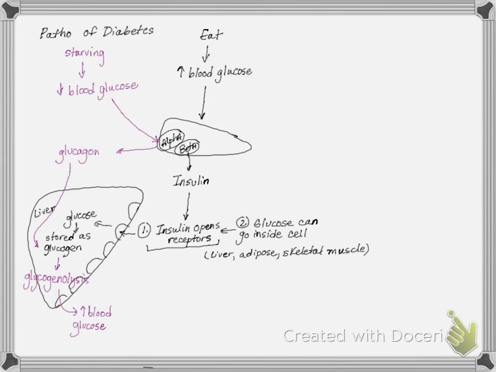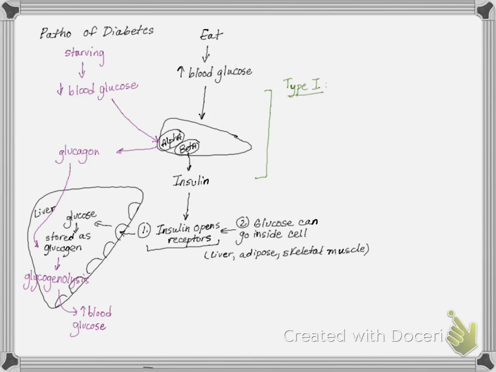So when things start to go wrong, we're going to talk about type 1 first. Type 1 is a problem with the pancreas, okay? So here's our type 1. Okay.